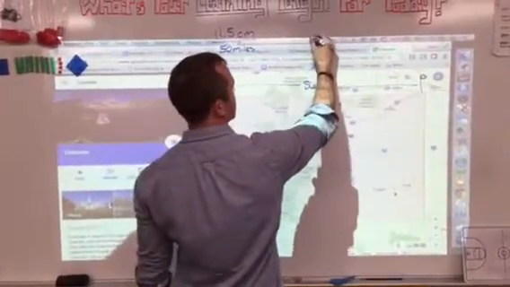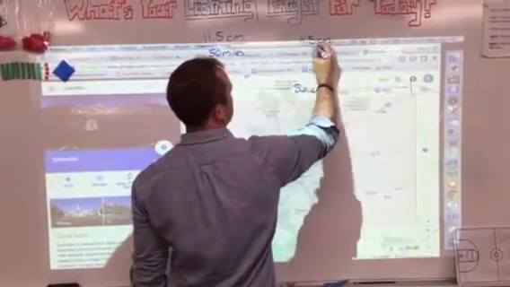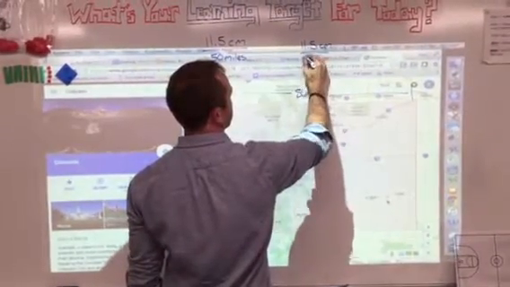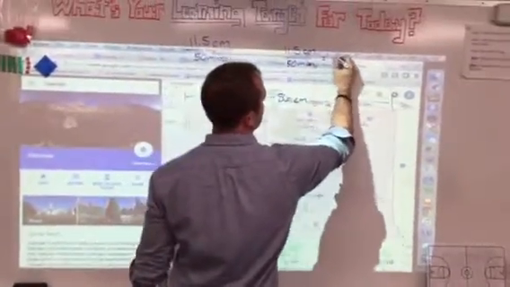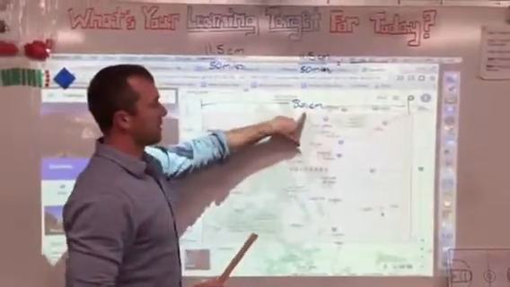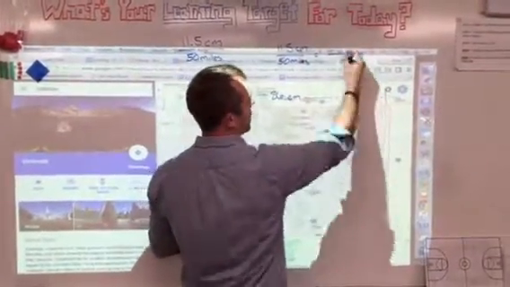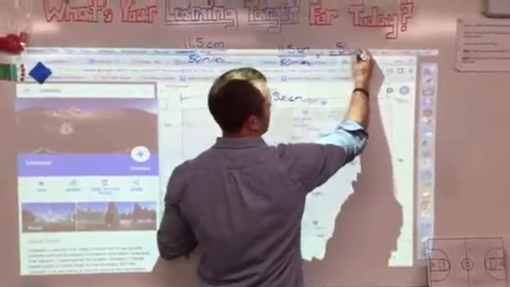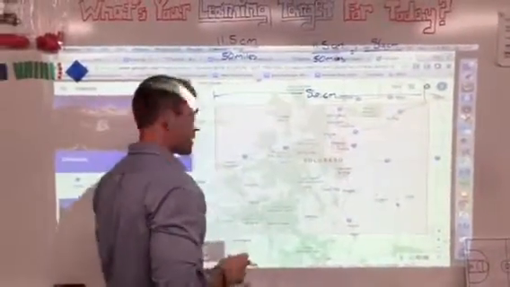So I would use this rate, 11.5 centimeters is 50 miles, equal to, and I know that I have how many centimeters? 86 centimeters, so my centimeters are on top, or my drawing is on top. 86 centimeters. And then I can cross multiply and divide.